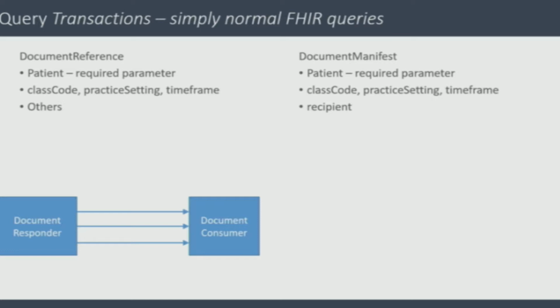It only needs those. If a document responder doesn't have any document manifests, it just returns none found. So it's a very low bar to be a document responder. All you have to do is respond to the query parameters that you were given with what you have.